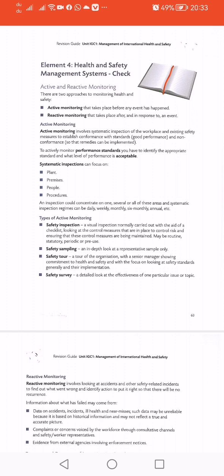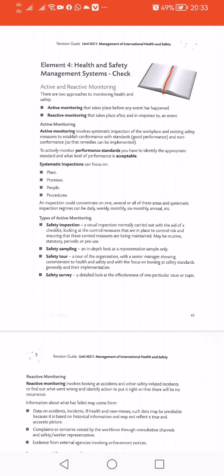Active monitoring involves the systematic inspection of the workplace and existing safety measures to establish conformance with standards and good performance, and non-conformance, so that remedies can be implemented.